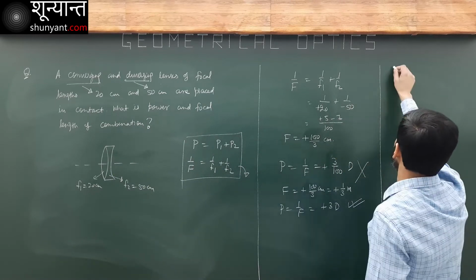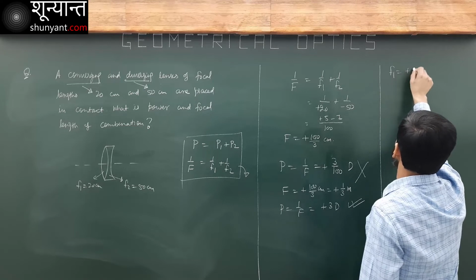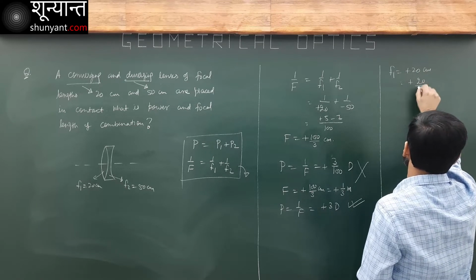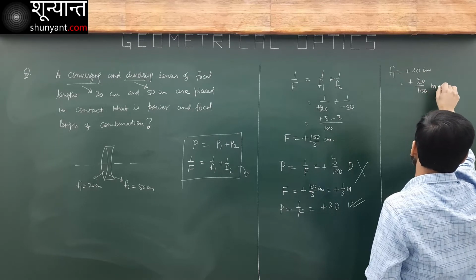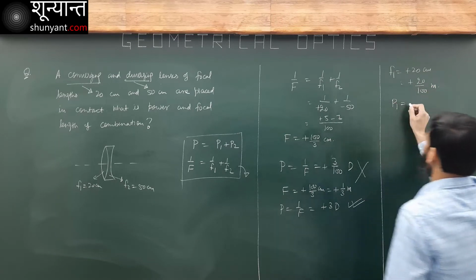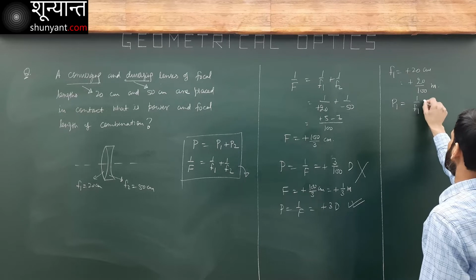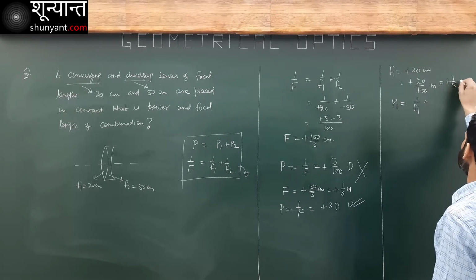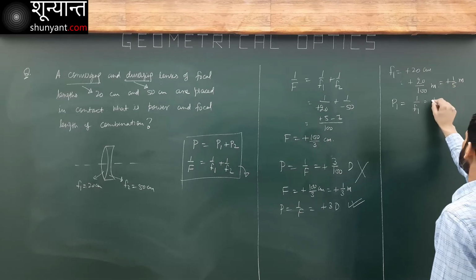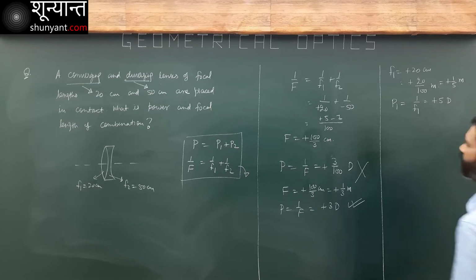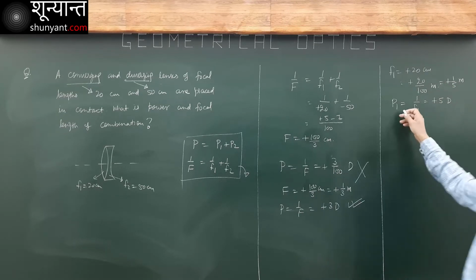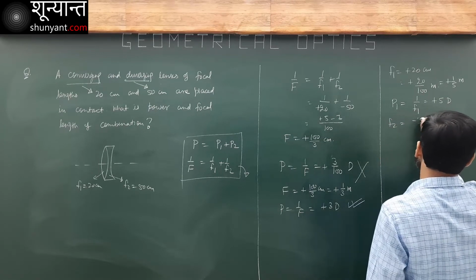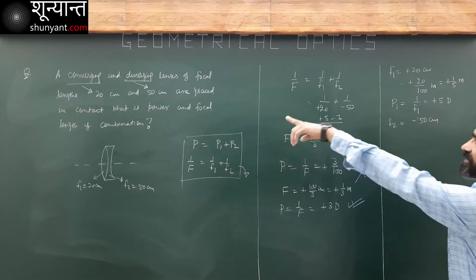Let's look at the other way. f1 is plus 20 centimeter, so plus 20 over 100 meter. P1 is 1 over f1, so this becomes plus 1 over 5 meter, which is plus 5 diopter. What is f2? Minus 50 centimeter, diverging lens.